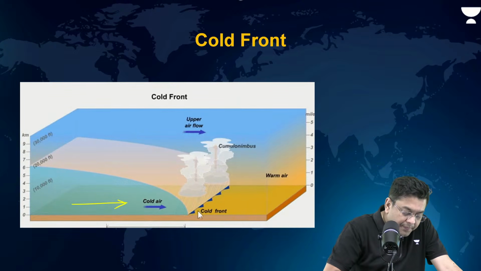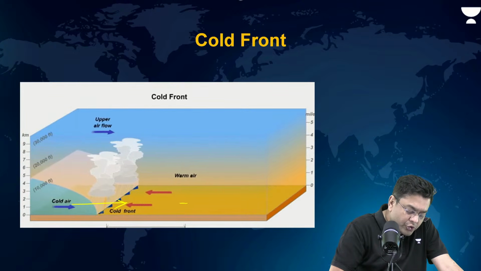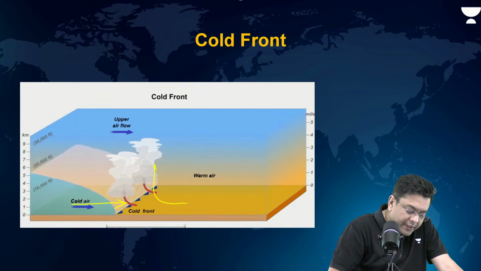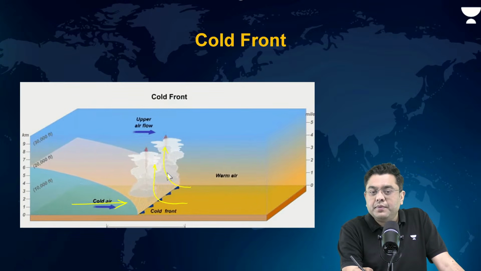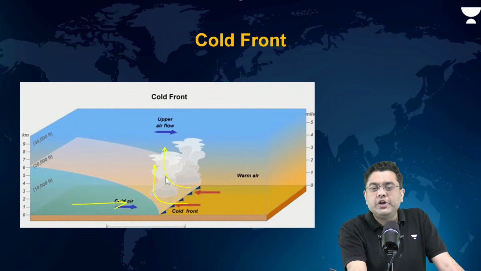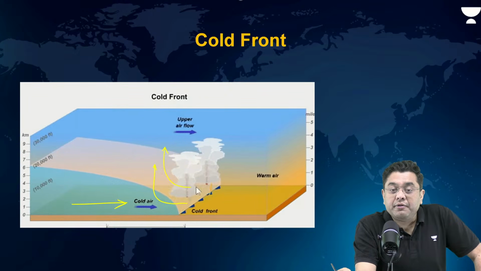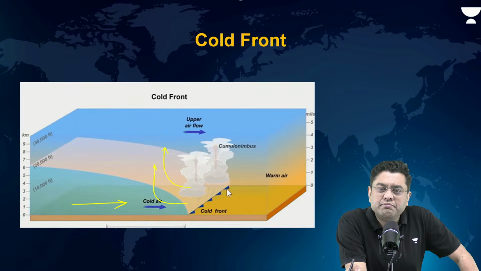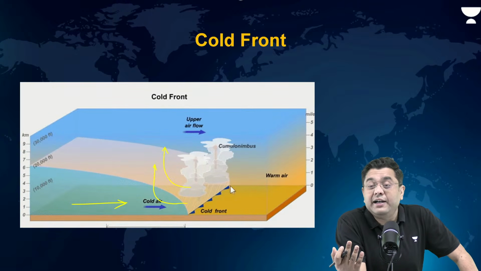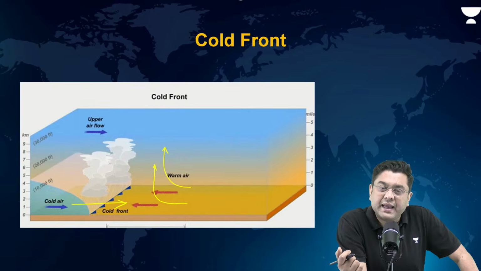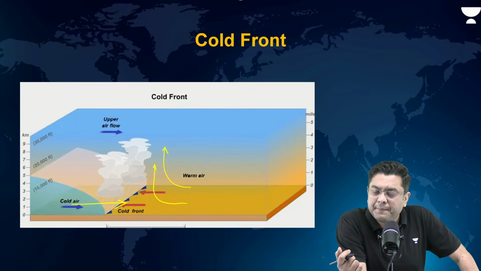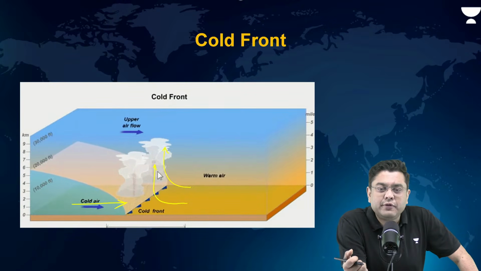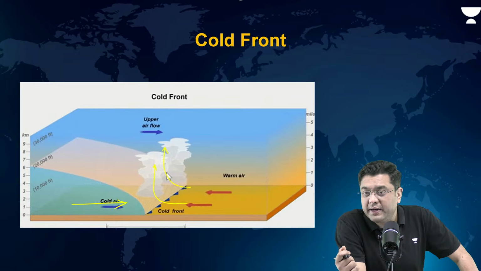The warm air has no place to go and is vertically lifted upwards. Vertical cloud formation, which can be very large, can be multiple kilometers. That kind of cloud formation can happen. Okay, so that is the case of a cold front.